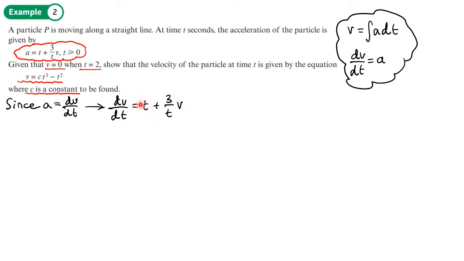Well, you can't do it because you're not going to be able to get the t isolated from the v. It doesn't matter how you try factorising, it's not going to work. And because this is Core 2, this is going to be another method other than what we'd use in Pure 2, separation of variables.